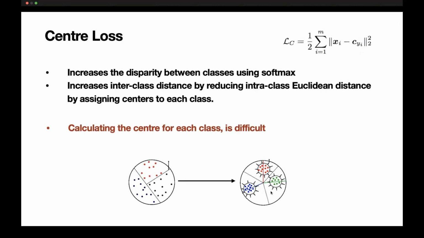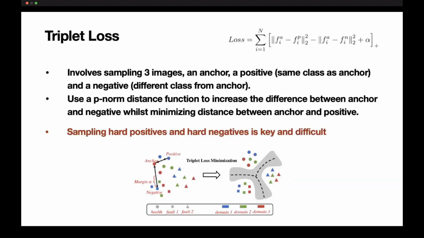So you are trying to minimize the Euclidean distance between the center and the points that belong to that cluster, and maximize the distance between the clusters themselves. This is very intuitive and very easy. So this was the first application of that.